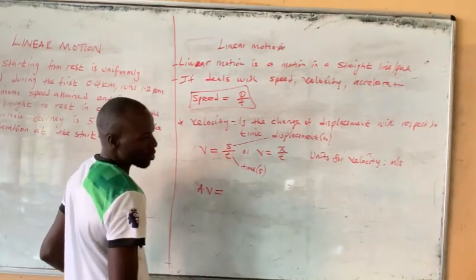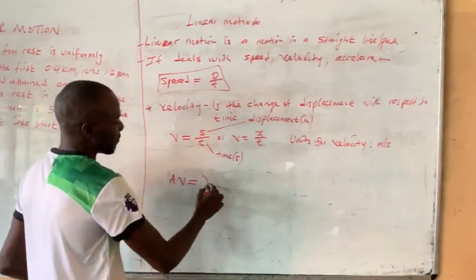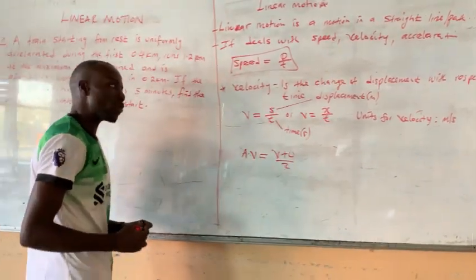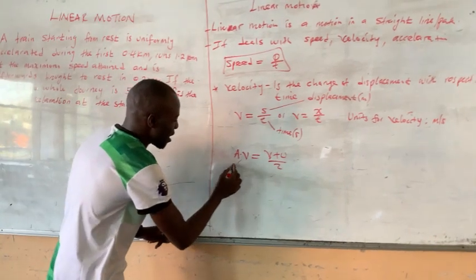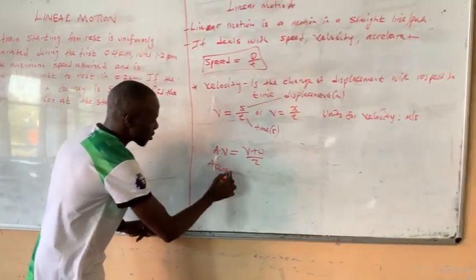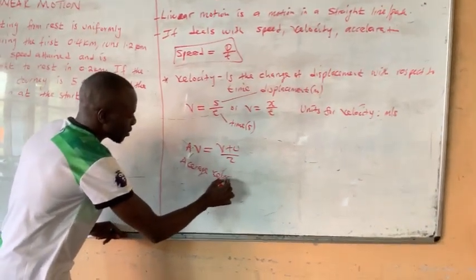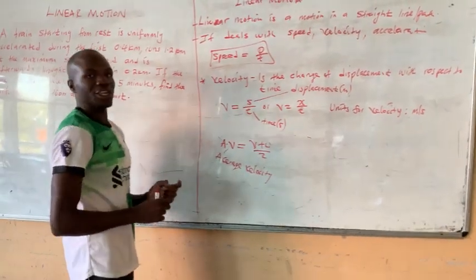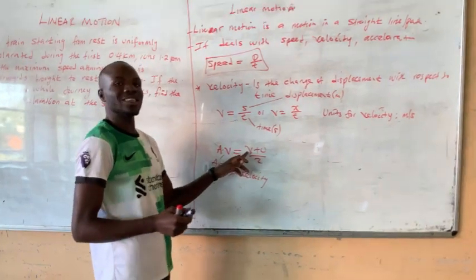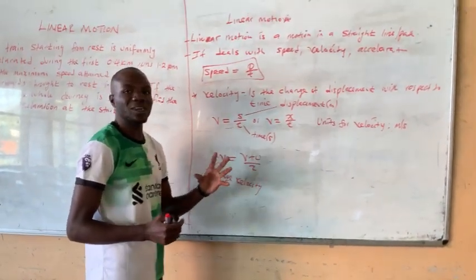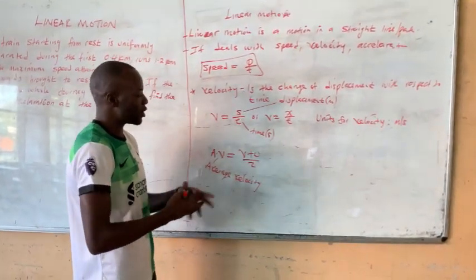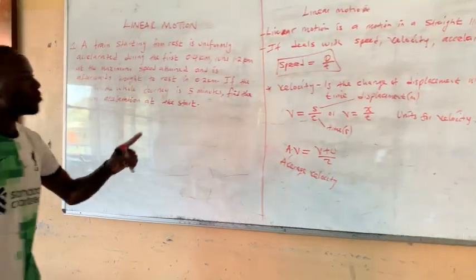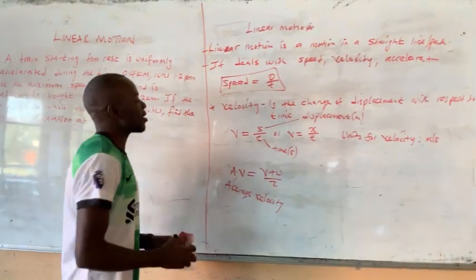You add final plus initial velocity, divided by 2. Since you want to find the average, you divide by 2. Next, we'll derive all the equations.